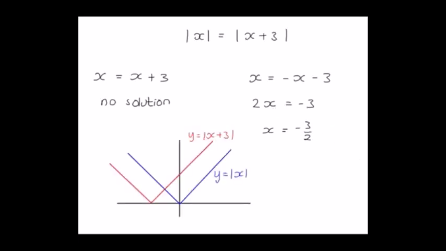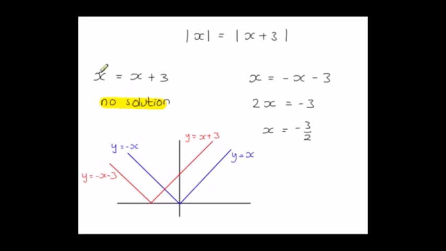If you're wondering why you had no solution from solving these two, have a look at the graphs for y is equal to the modulus of x plus 3 and y equals the modulus of x. Let's work out the individual equations for all of these 4 lines. Okay, so these are the individual equations for each of these 4 lines.